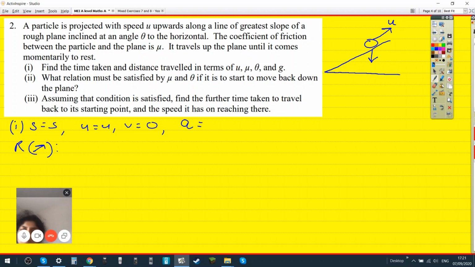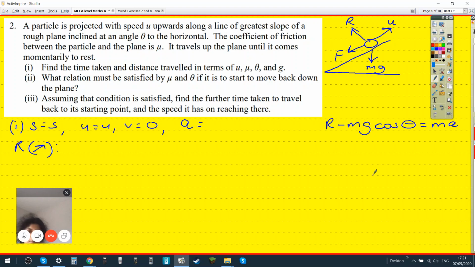Let's just resolve the forces like normal. So you've got R, F, mg. Okay, so R minus mg cos theta is equal to ma.